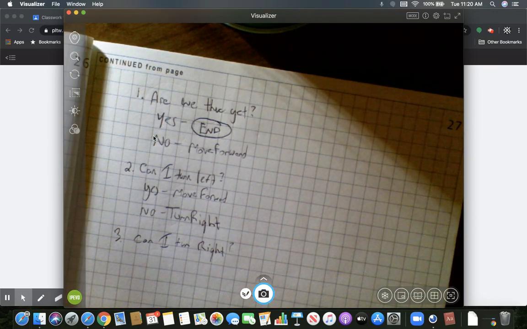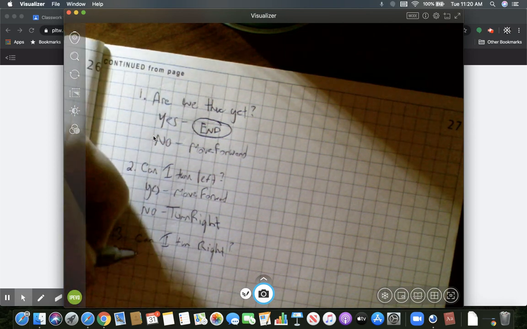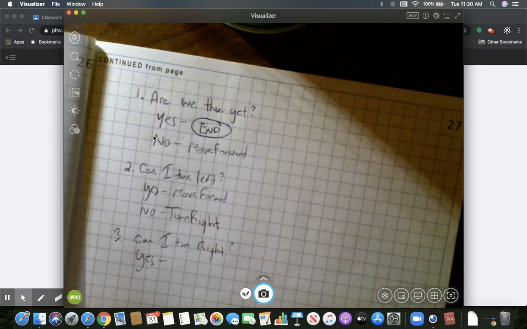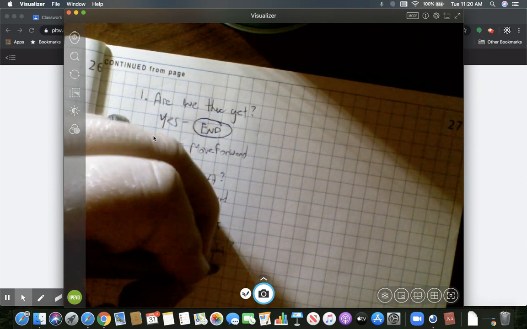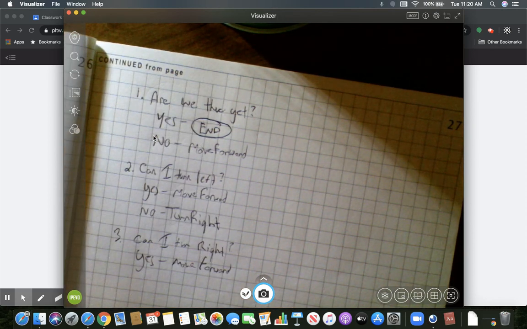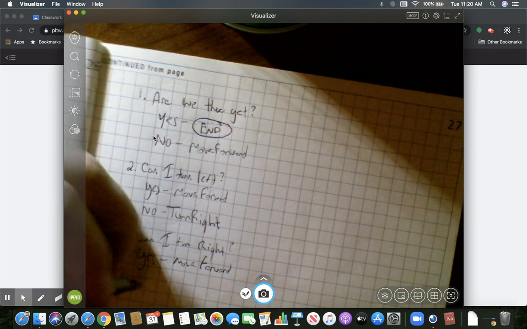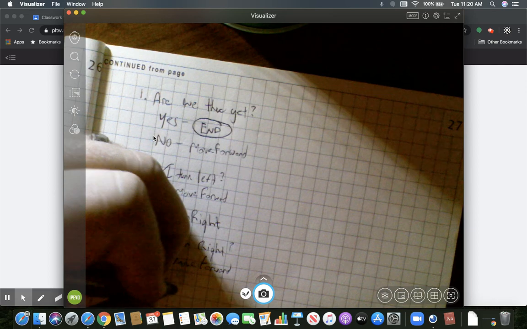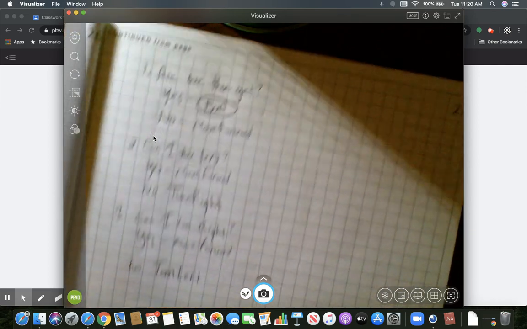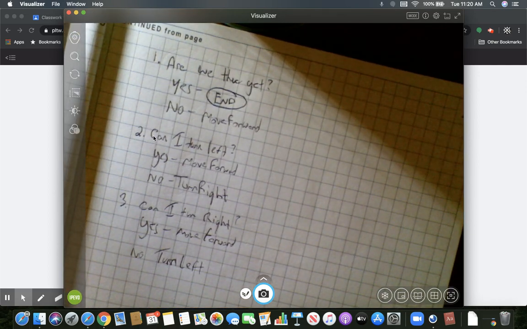So if I can turn right, what do I continue to do? Just like the last one, move forward. And if no, I'm going to turn left. Okay, those are our three questions.